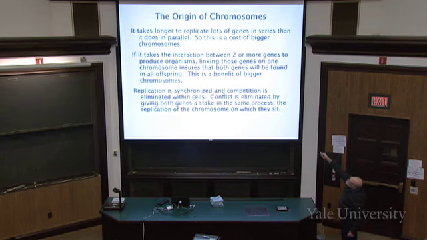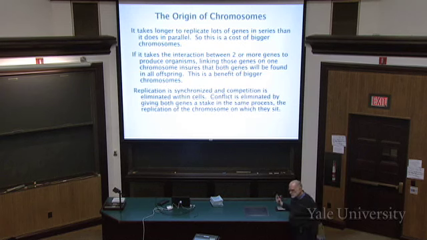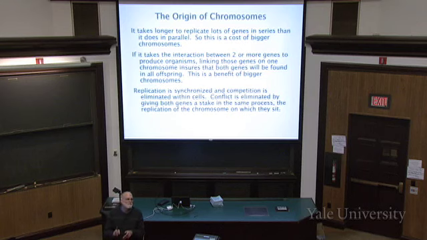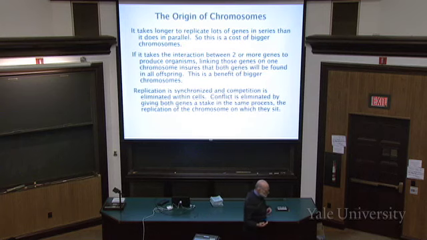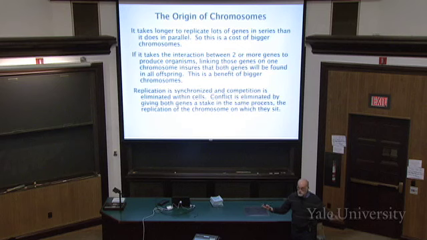Now, once you make chromosomes and you synchronize their replication, then essentially what you've done is you have eliminated the competition of the genes, because by putting the genes onto a chromosome, you've put them all into the same boat. You're no longer getting a situation where one gene might be replicating at a higher rate than another gene, which would lead to unbalanced biochemistry and unbalanced development.